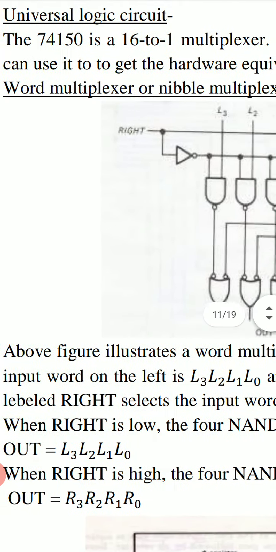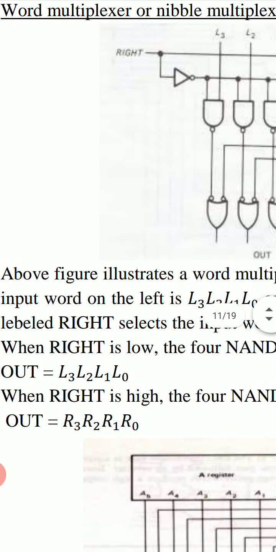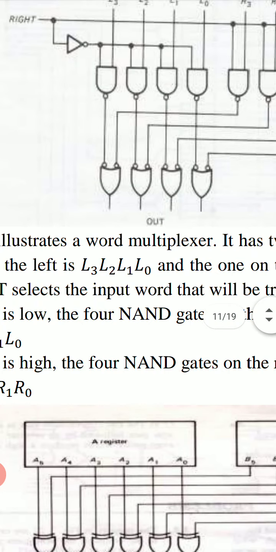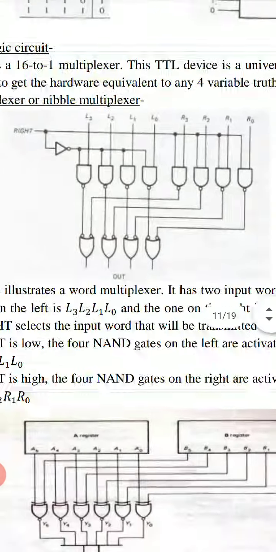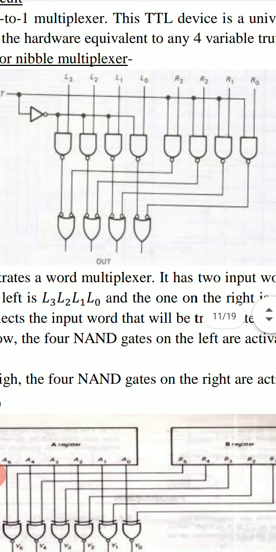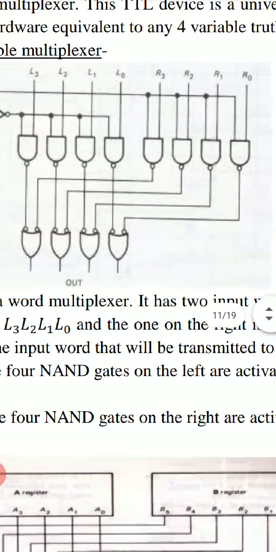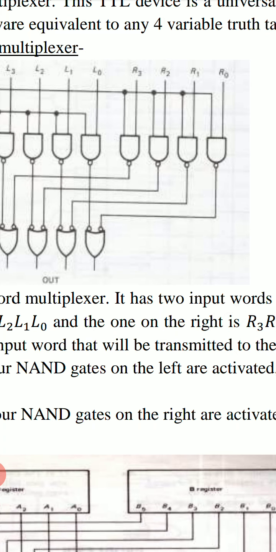Word multiplexer or nibble multiplexer. This figure illustrates a word multiplexer. There are two words. On the left we have a 4-bit word, L3, L2, L1, L0. L is for left. And on the right we have another 4-bit word, that is R3, R2, R1 and R0.